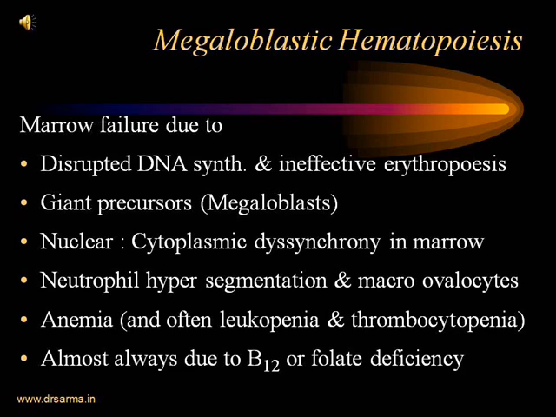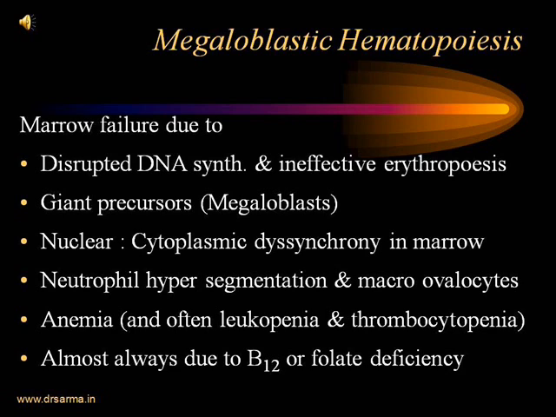In the absence or relative deficiency of these two nutrients, DNA synthesis is disrupted. Giant precursor cells, or the RBC's grandparents, are all enlarged compared to the normal size. They are no more normoblasts, they are called megaloblasts. The nuclear cytoplasmic disharmony is seen in bone marrow.